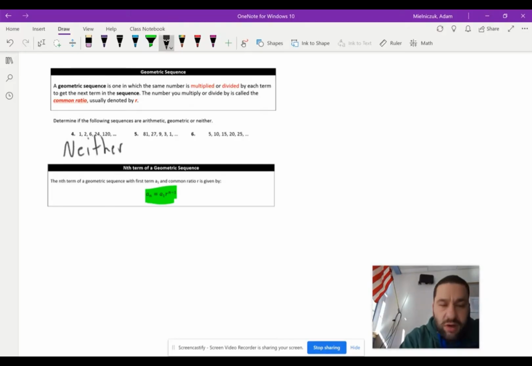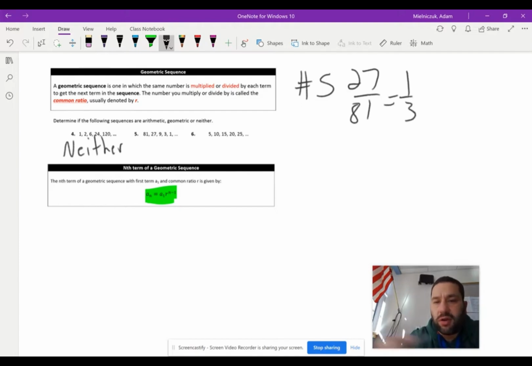All right. Let's look at the next one. How do I get from 81 to 27? It could be subtraction, which would make it arithmetic, but you can already see the difference between 81 and 27, and then 27 to 9 is way different. So what I do for number 5 is I say, well, what's 27 over 81? And if you break that down, you're going to get 1/3. Well, what's 9 over 27?